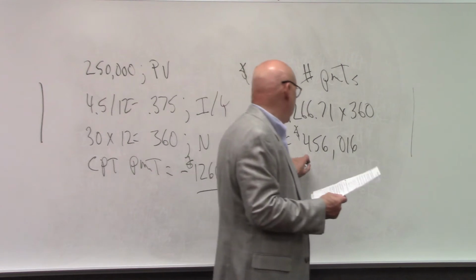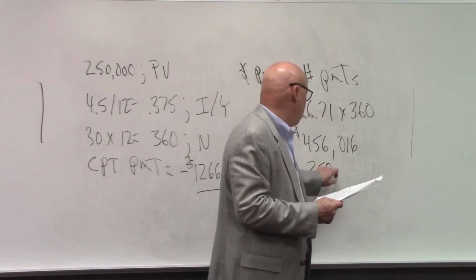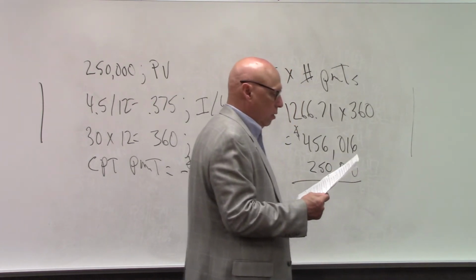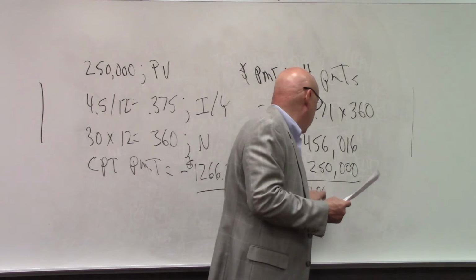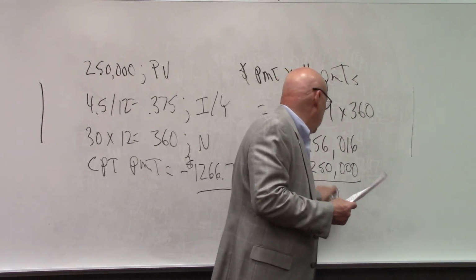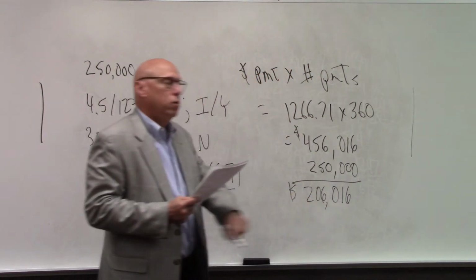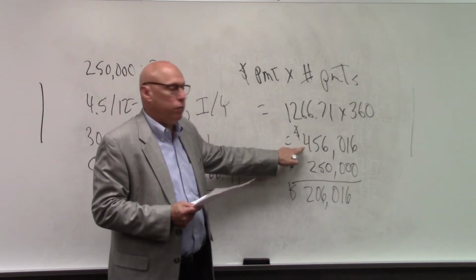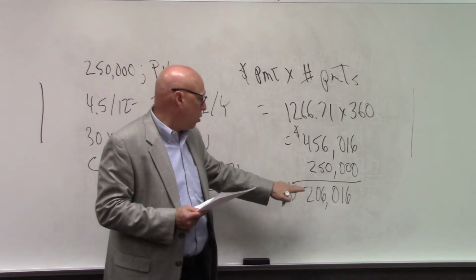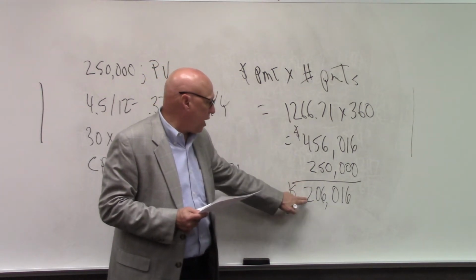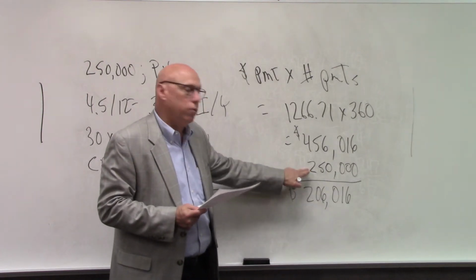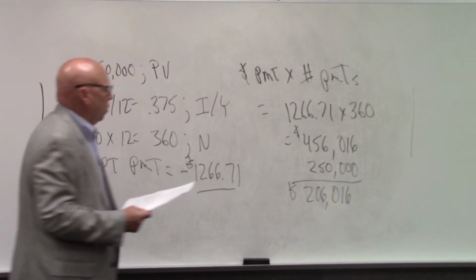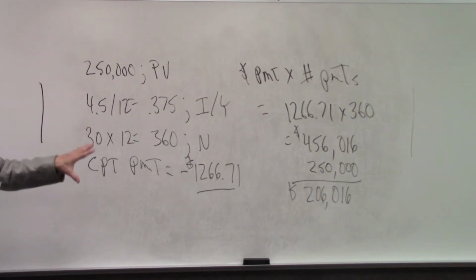Well, we're going to subtract out the principal that we borrowed from the total amount that we're paying back, and we get $206,016. Okay? So we're going to borrow $250,000. We're going to pay back $456,000. So $206,000 is interest. $250,000 is principal. Okay? All right. Now these questions will be on the exam.